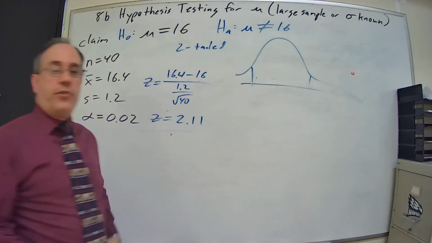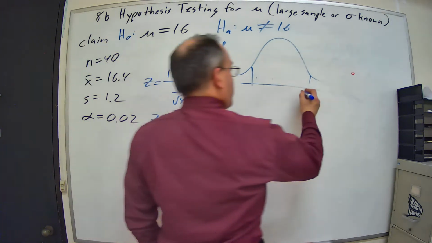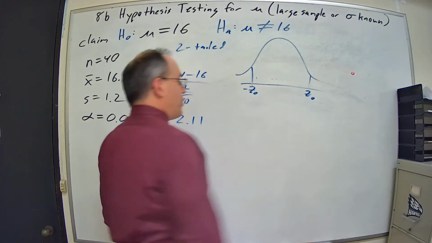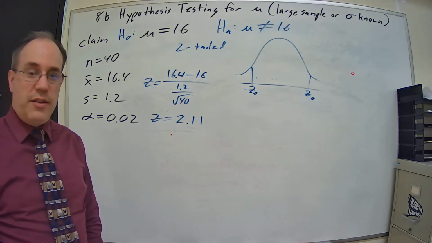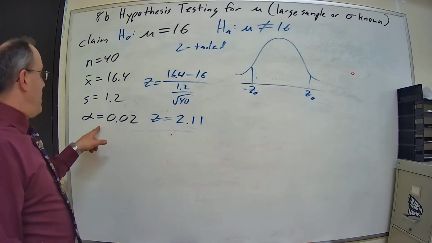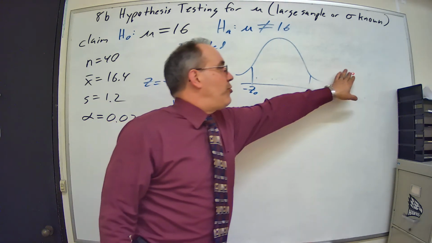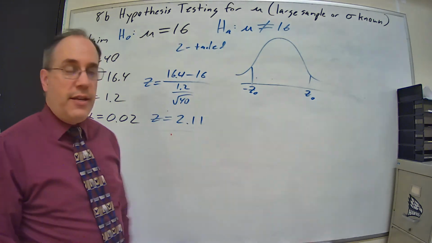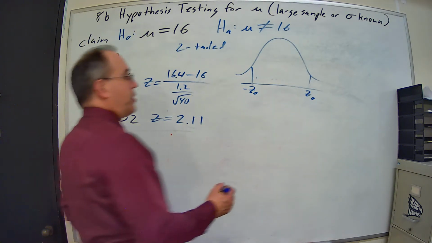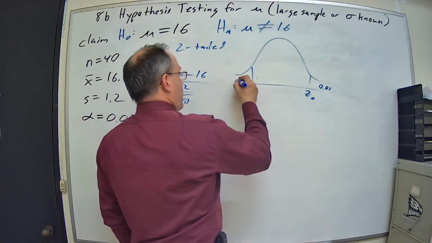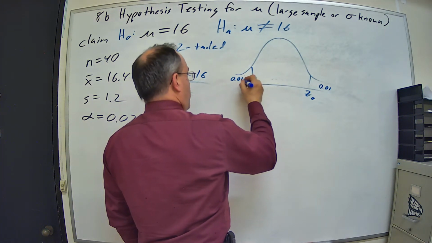So we have two tails here. We have z sub 0 and negative z sub 0, so we have two critical values. Alpha is equal to 0.02, that's the area in the tails combined. So half of 0.02 is 0.01, so we have 0.01 in that tail and 0.01 in that tail.